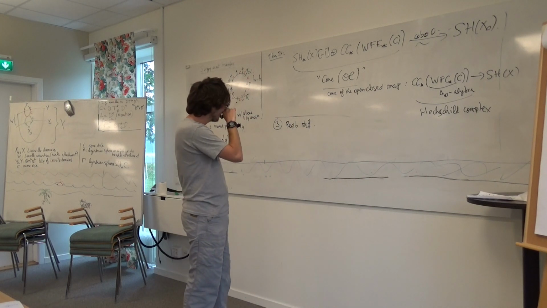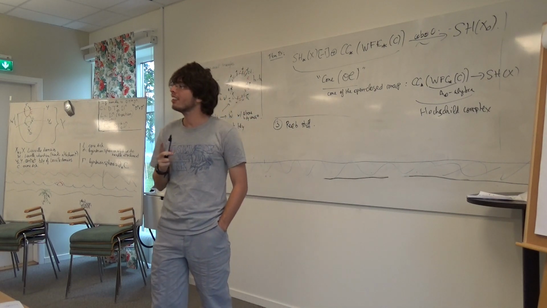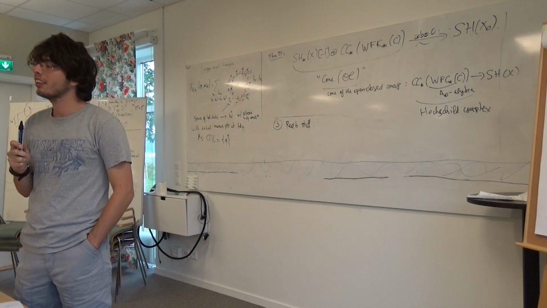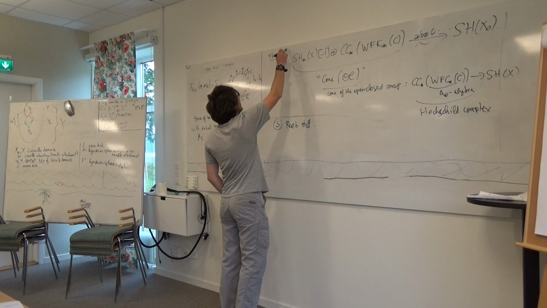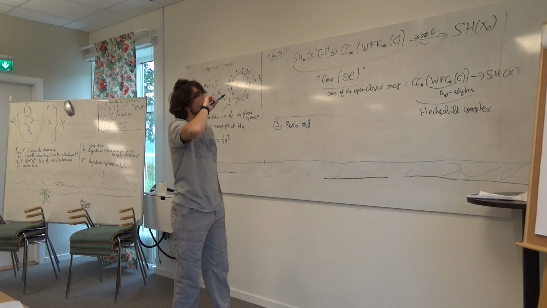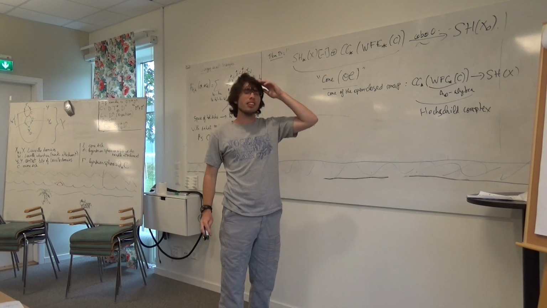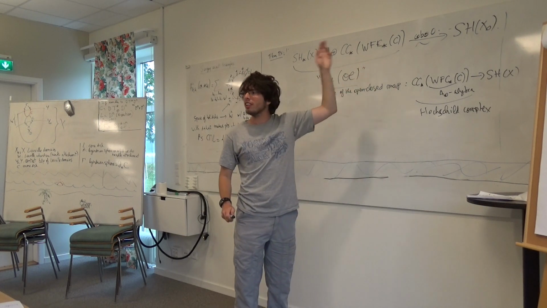Can I just ask one thing? This result was announced by other people. Is what you're saying now an alternative? Actually, this is a consequence of a result they didn't state.